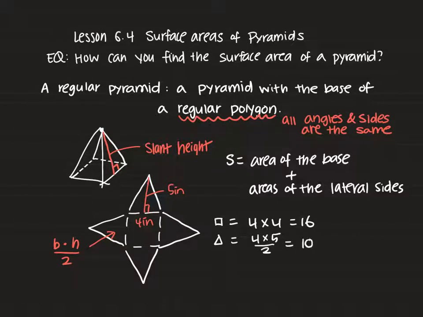So one triangle is 10 inches squared. But then I have a total of 4 of these triangles, so I'm going to do 10 times 4 to find the area of the lateral sides. Now I have the area of the base, 16, plus 40, and I'm going to have a result of 56 inches squared as the surface area of this square pyramid.